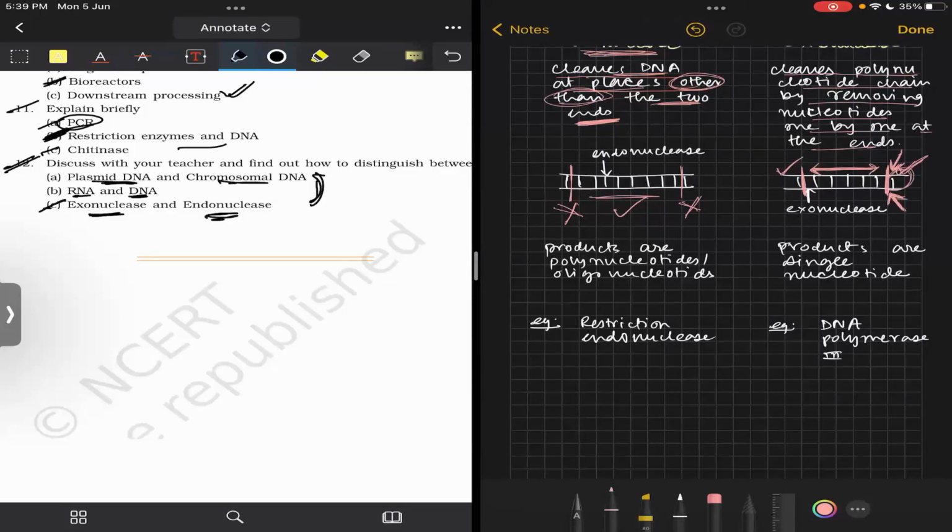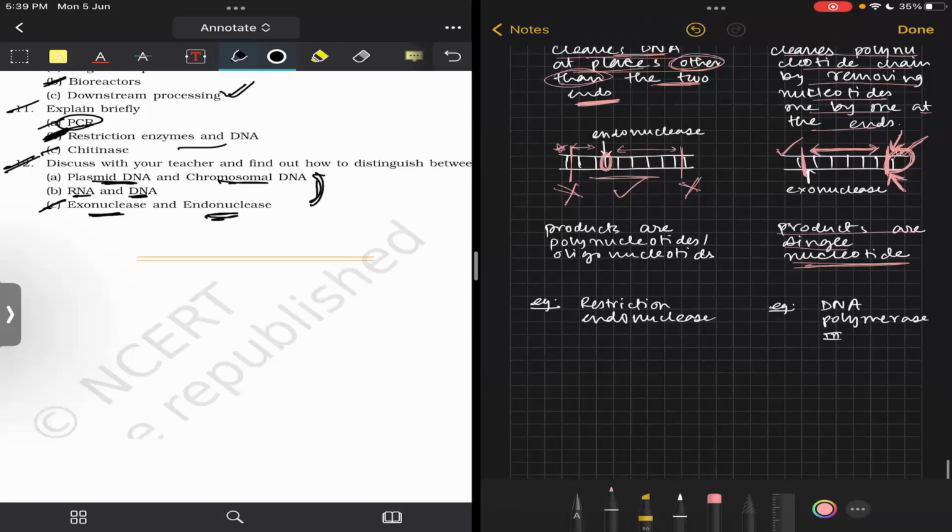So the products are generally single nucleotide. And since endonuclease acts at the middle, I mean, it's not the end, right? So it creates two fragments of DNA or two fragments of polynucleotide. So the products of endonuclease cleavage are generally polynucleotides or oligonucleotides and not single nucleotide.